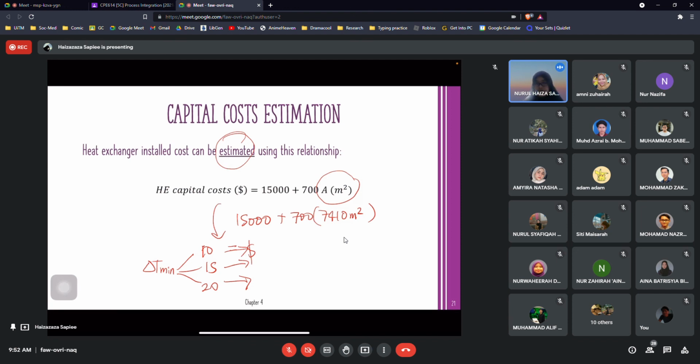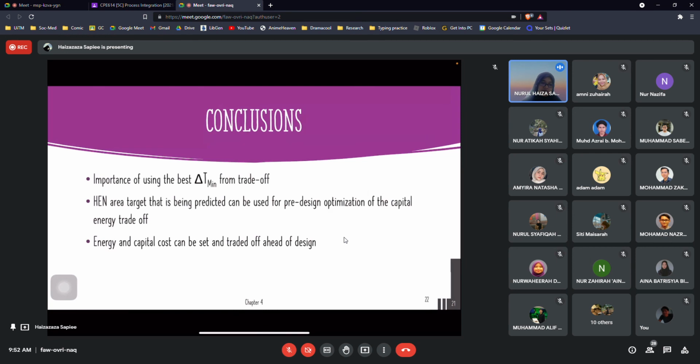So that is basically what you want to see for this particular chapter. It shows how to find your best delta T min from your trade-off, and you can actually predict the heat exchanger network area, so you can set it and trade off before you design.